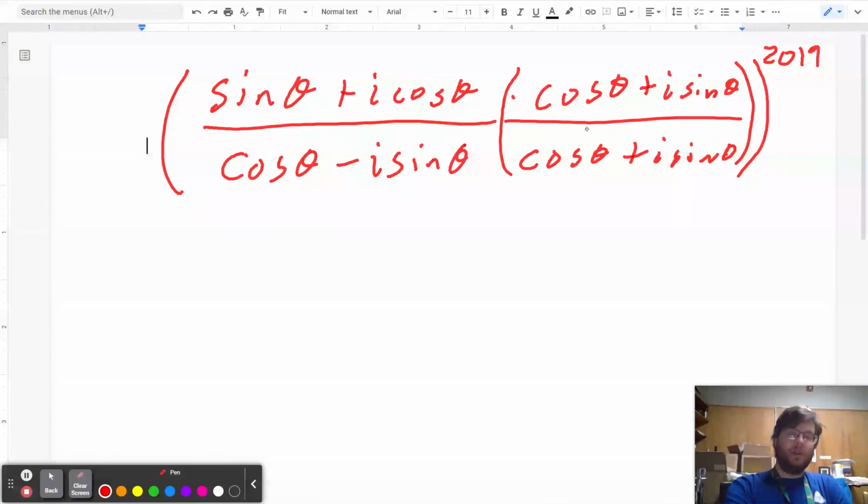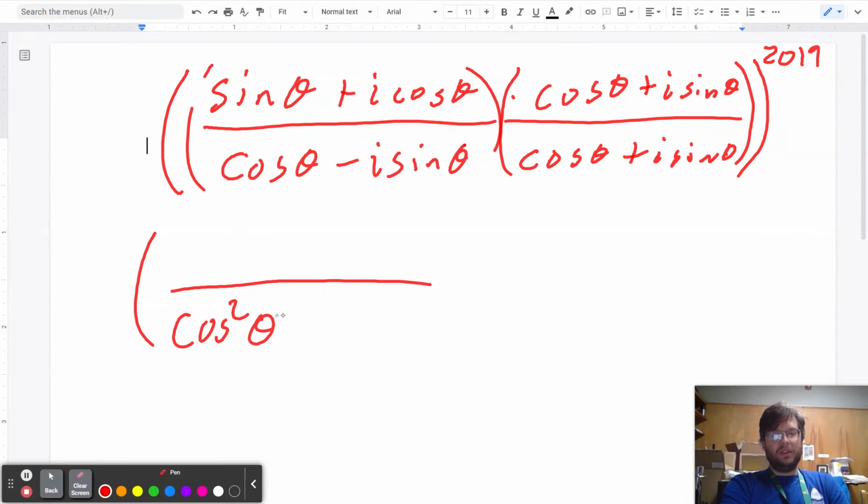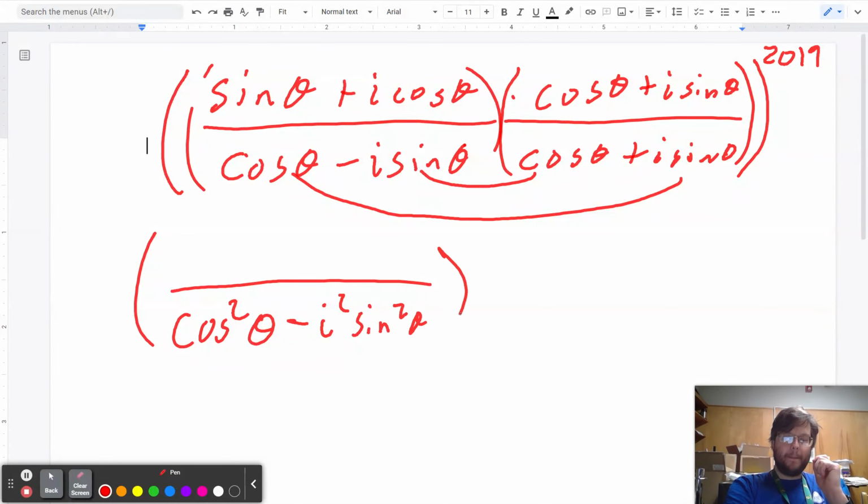So do a lot of FOIL. Hopefully things turn out nice. So the bottom becomes cosine squared. Then we have a negative i sine theta cosine theta, and a positive, so that cancels out. So here's a negative piece, here's a positive piece, and then I have minus i squared sine squared theta.